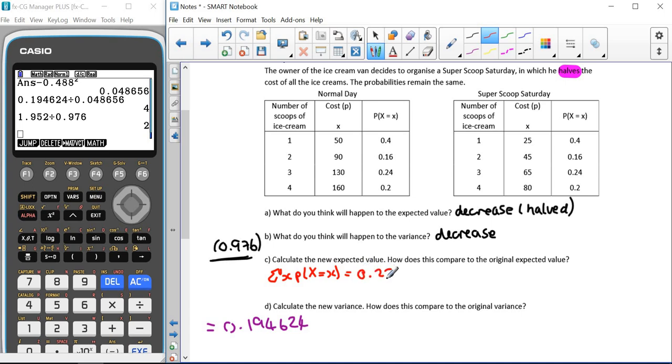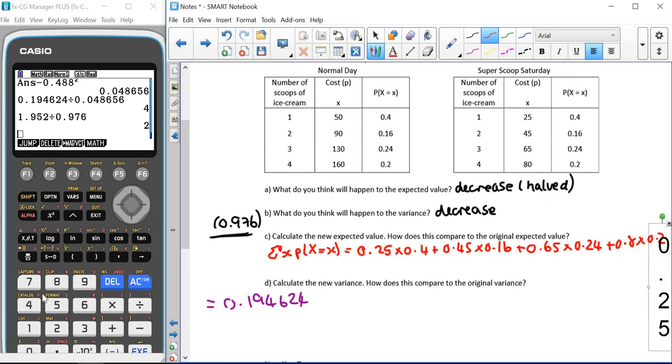So 0.25 times 0.4 plus 0.45 times 0.16 plus 0.65 times 0.24 plus 0.8 times 0.2. Now we can put that into our calculator.